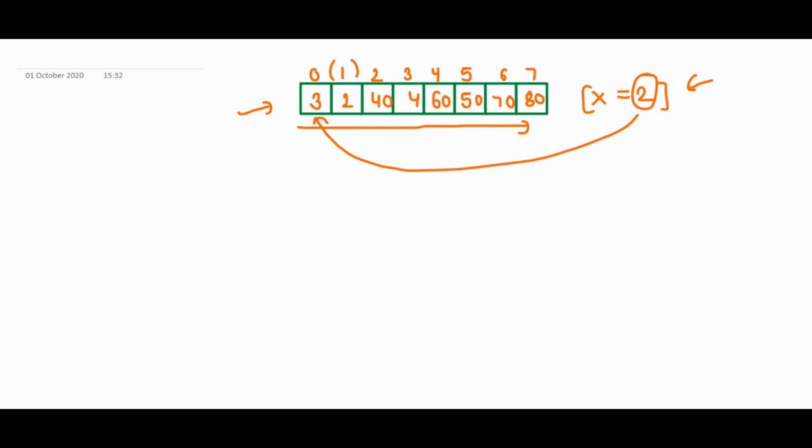This is a simple brute force approach, and it will take big O of n time, right? But as we know, the array is sorted and some of the elements are swapped with their adjacent elements. So we will use this property and we will decrease this time complexity, right? So let's see how we can do that.